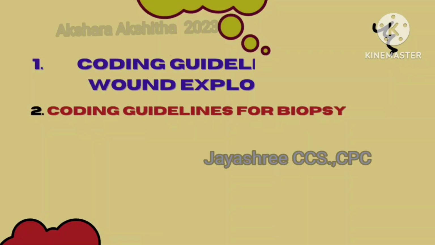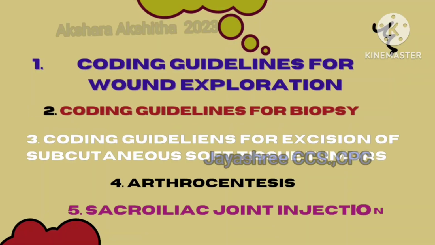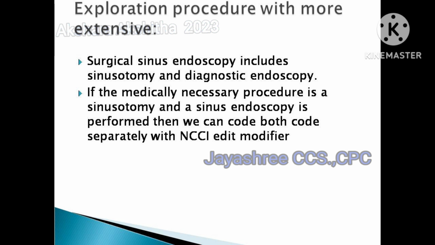So surgical sinus endoscopy includes cyanotomy and diagnostic endoscopy. So if the medically necessary procedure is cyanotomy and sinus endoscopy is performed, then we can code both codes separately with the appropriate NCCI modifier. Okay, so cyanotomy or any diagnostic endoscopy are both included in the surgical sinus endoscopy.